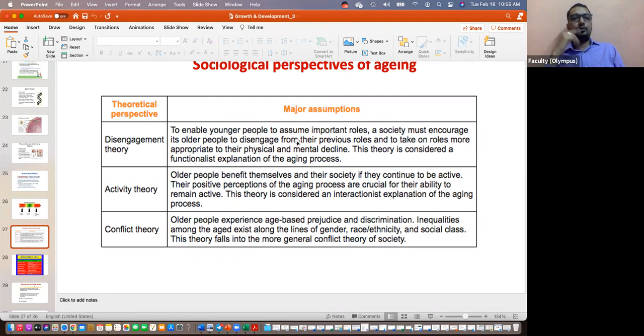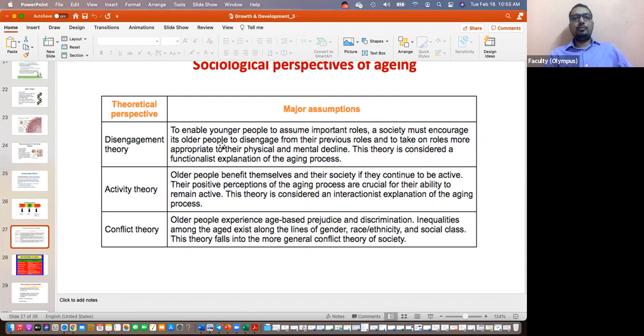Enable younger people to assume important roles. For that, a society must encourage older people to disengage from their previous roles, meaning the concept of retirement.